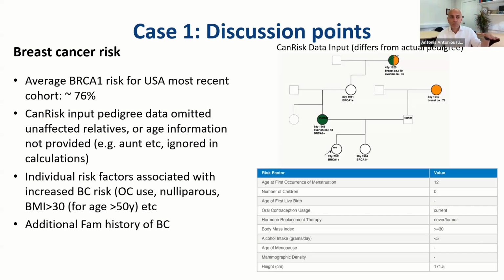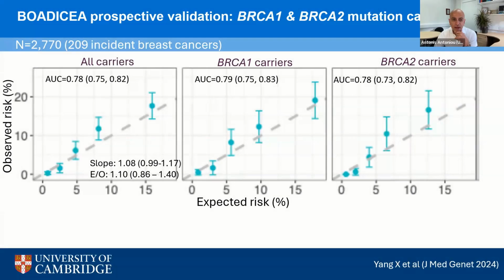One thing to remember is that risks for carriers are not constant, but rather they are modified by family history of the disease as well. Now, another aspect to say, the risks in BRCA1 and BRCA2 carriers have been validated in a study that was published last year. So there was a prospective cohort of BRCA1 and BRCA2 carriers.